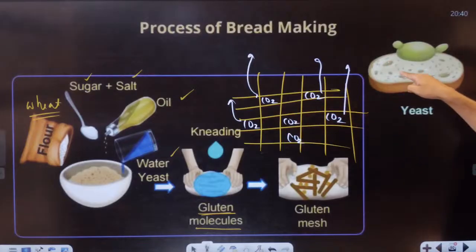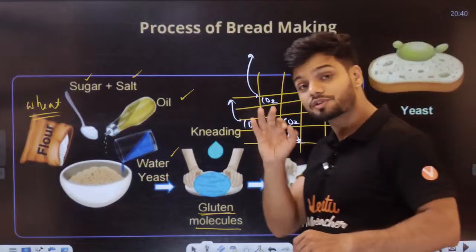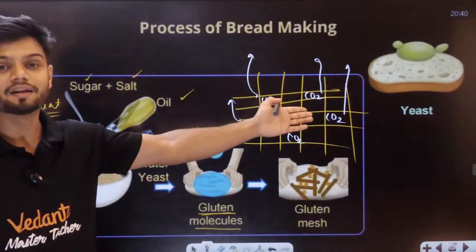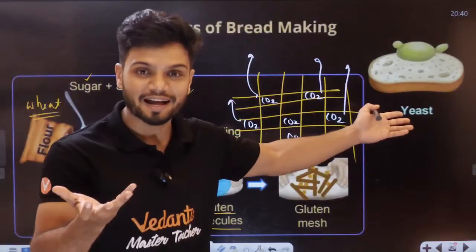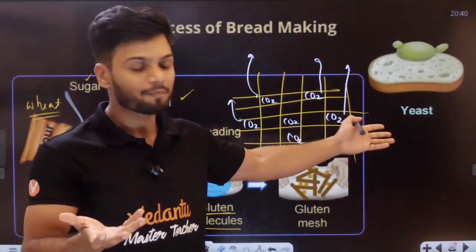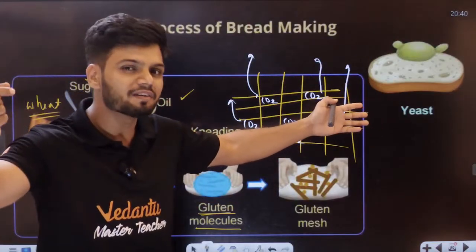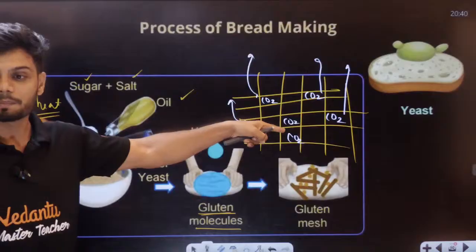That is the science behind bread. Because of the gluten molecule we have the mesh, and we have small holes everywhere because of the CO2 escaping.